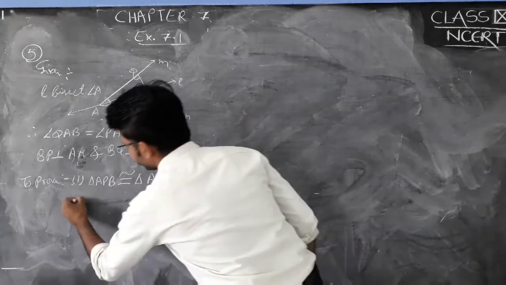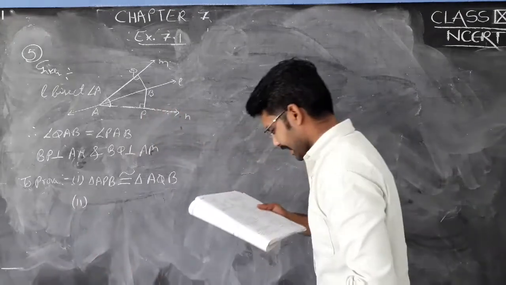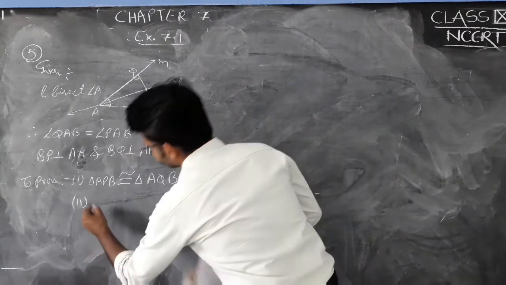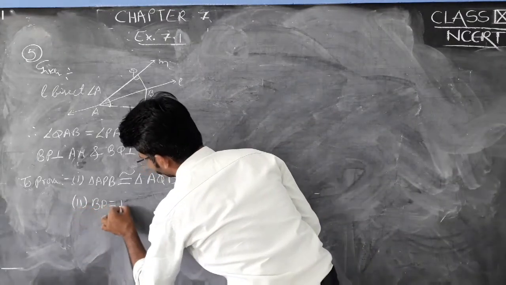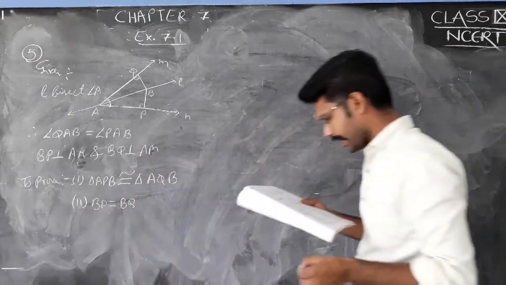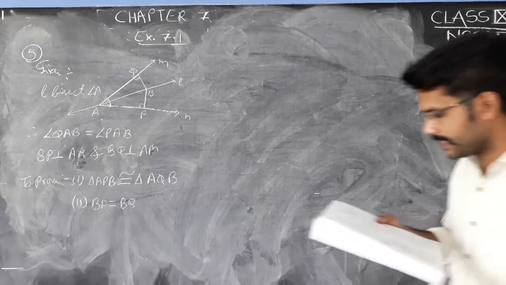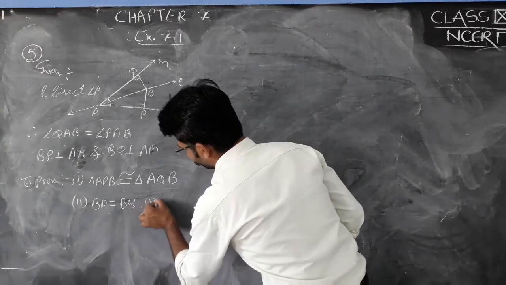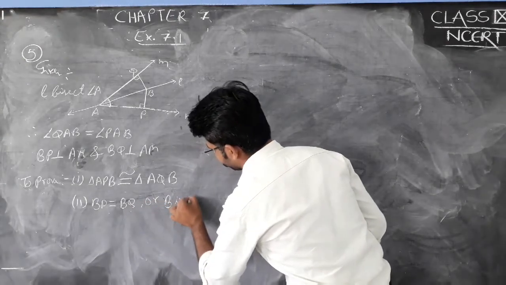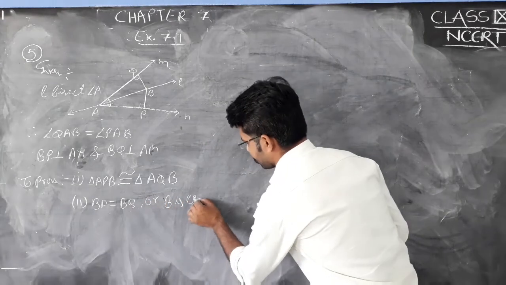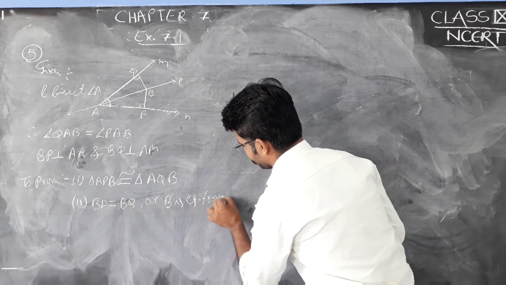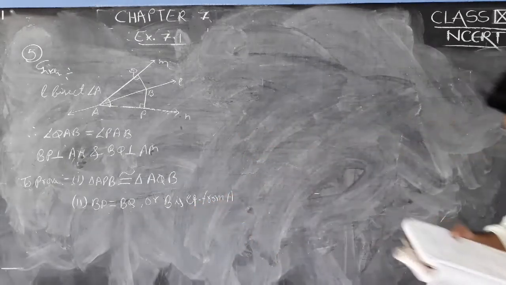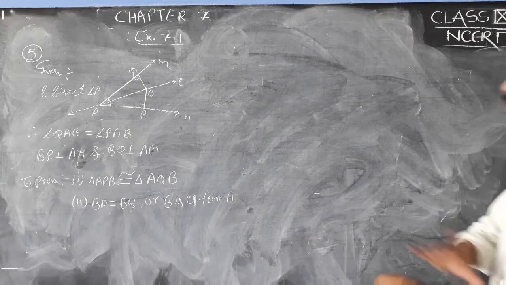These two triangles should be congruent. And secondly they have asked BP equals BQ, or B is equidistant from the arms of angle A. These two things we need to prove.